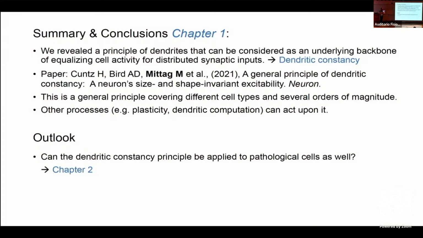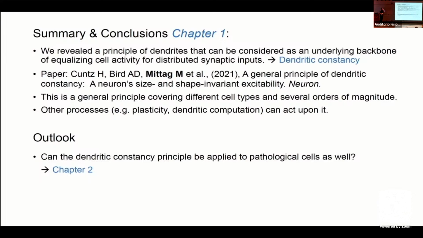It is active in the background, and on that principle, other dendritic computations and plasticity rules can then act, which of course have an influence on the very individual behavior of the cell. But as a background, this seems to be a principle for all the cells.